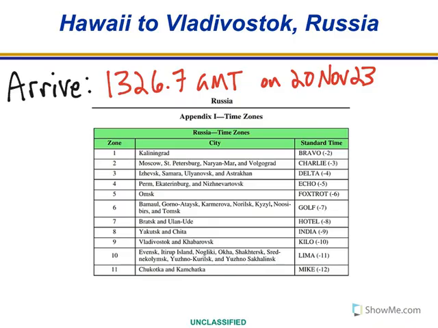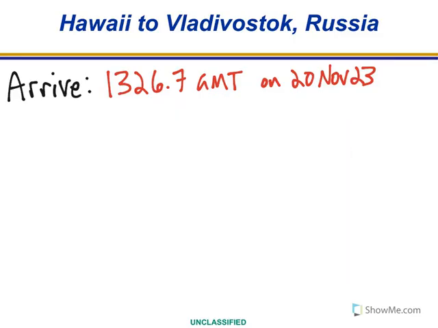We need to find Vladivostok, so we keep going down. Oh look, here's Vladivostok, and they follow Kilo as the standard time. So that is the zone description that we're going to use for Vladivostok. That is their civil time, ZT-10, also known as Kilo. Just so I don't forget, I'm going to put that up here as ZT-10.